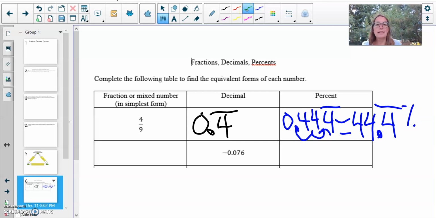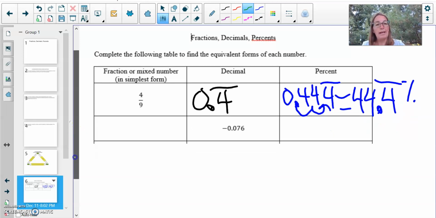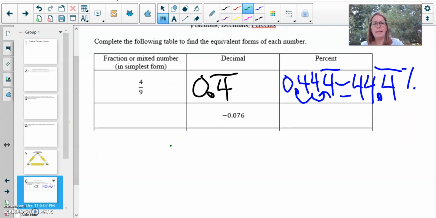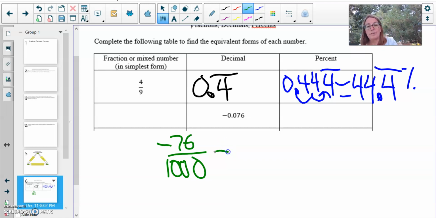Okay, looking at our next example, now they give us the decimal, negative 76 thousandths. First, as a fraction, I would write it as, and I'll show my work below, negative 76 over 1,000. And now I'm going to use my fraction key on my calculator to help me reduce that. That simplifies to negative 19/250.